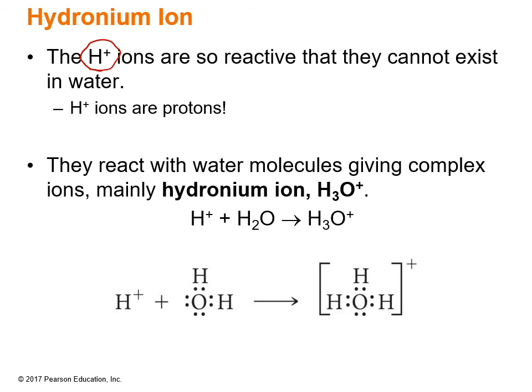So once they are dissociated, they actually react with water molecules and form a complex. And this complex is what we call the hydronium ion. So when H+ reacts with water, we get H3O+. And so frequently chemists use H+ and H3O+ interchangeably. So if you see H+, it really does exist as H3O+ in the water, but we frequently use either or both of these representations.